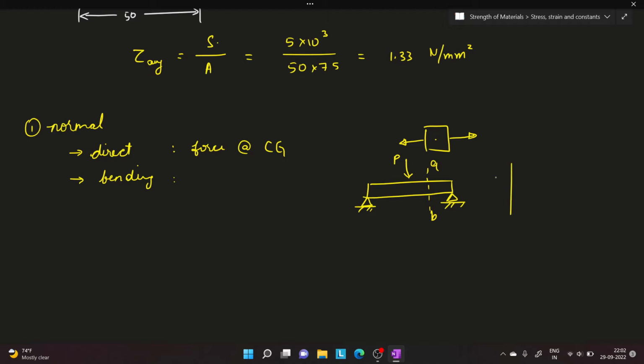In direct stress, at the cross section AA, the tensile stress is going to be uniform, but that won't be the case in bending stress. In bending stress, we have a neutral axis at the center, usually, depending upon the cross-sectional area. For this particular setup, the first half is going to be compressive and the second half is going to be tensile.